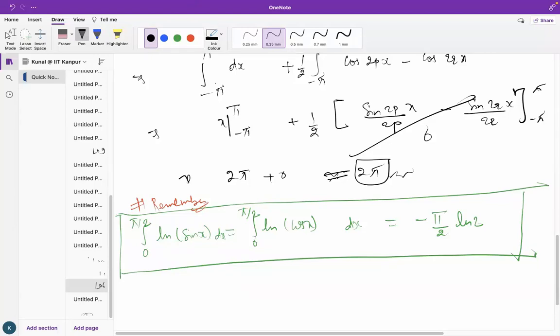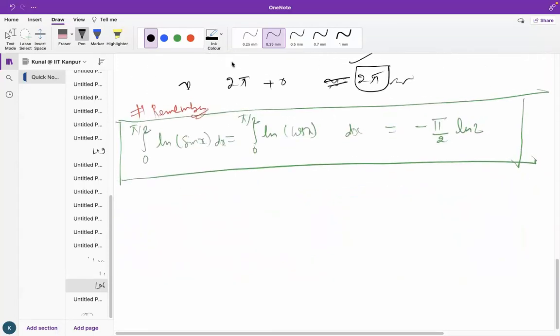So I hope you all understand this. Now, let me prove it so you can understand. So let me write its proof.